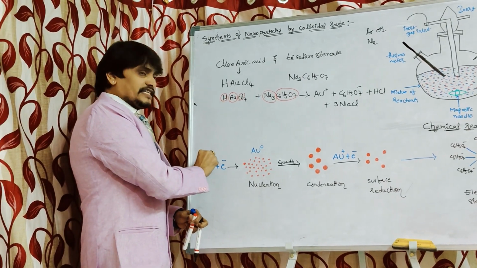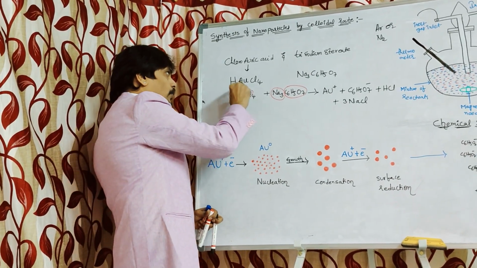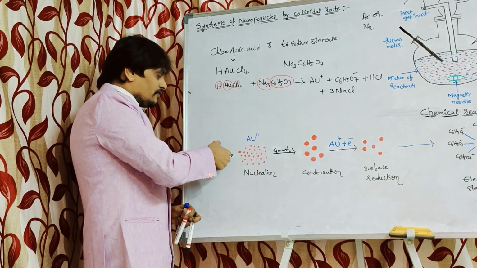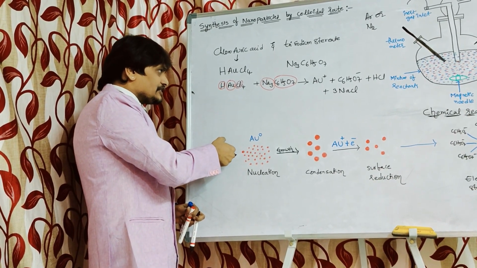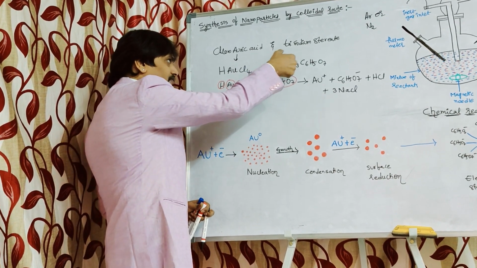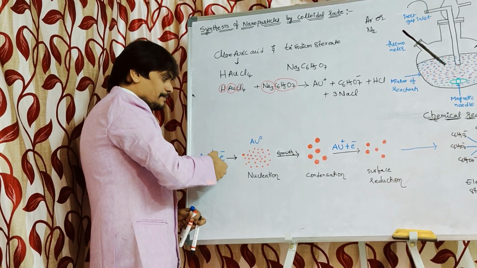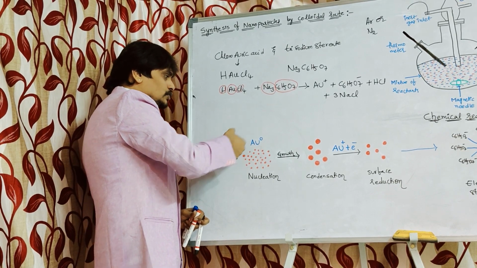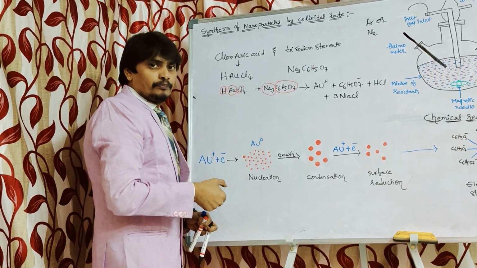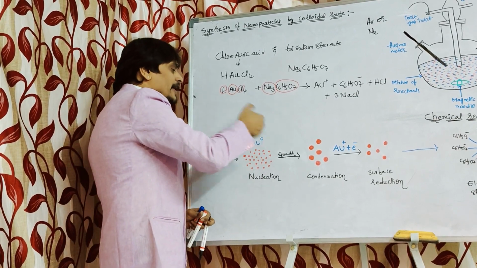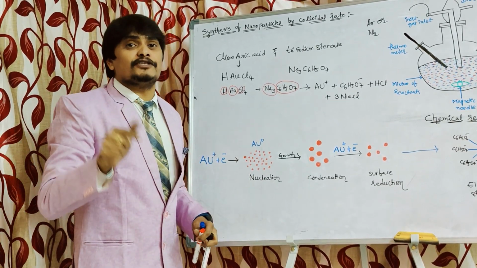Now, Au plus ions, which are a part of chloroauric acid, gain the electrons which are released by the reducing agent, which is the trisodium citrate, and get reduced to Au0, because they are gaining electrons and turning to Au0. That is, nucleation takes place, students.